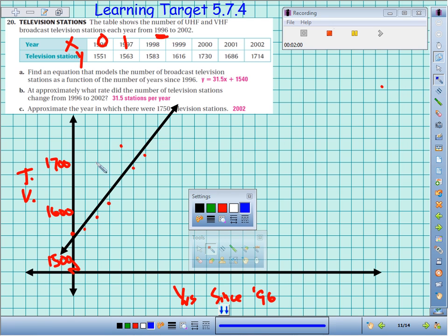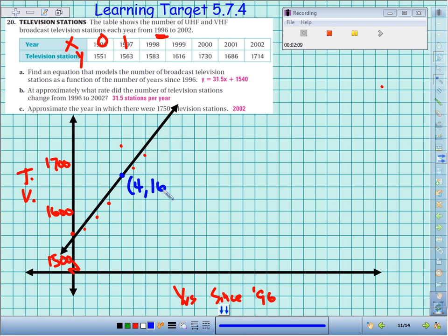Okay, so let's take our data and try to come up with a fitted line equation. Maybe I'll use this point here, that's 4, 1675. And another point that I'll use is the y-intercept, 0, 1550. So find our slope, y-coordinate minus y-coordinate over x minus x.